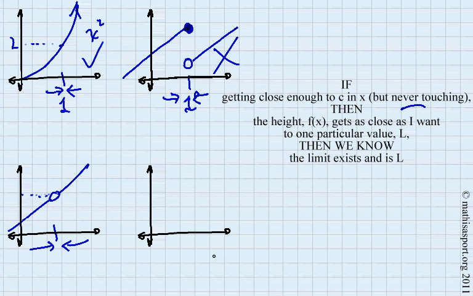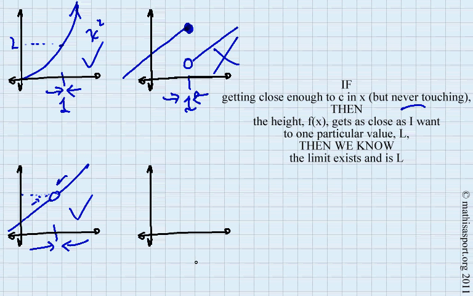Okay? I actually never touch this point in the x. And so I don't really have to worry about what's going on in the y right at the point. It's just near the point that I have to make sure this is getting closer and closer to one particular height. And it is. So the limit exists here as well.